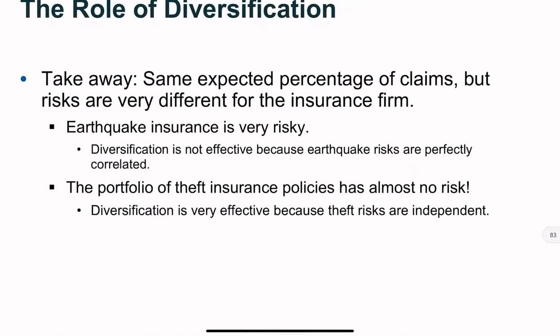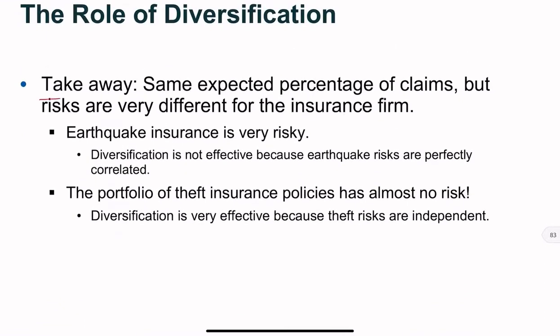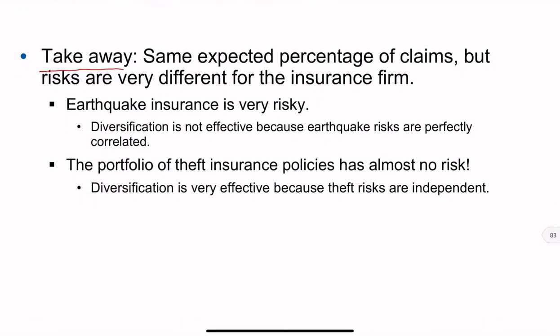Okay, so you get this takeaway here, and I basically have talked about this. That is, earthquake insurance is very risky because, I think I should actually talk about why earthquake insurance is risky, right? So earthquake insurance is risky for the insurance firm because earthquake risks are perfectly correlated among households, right?